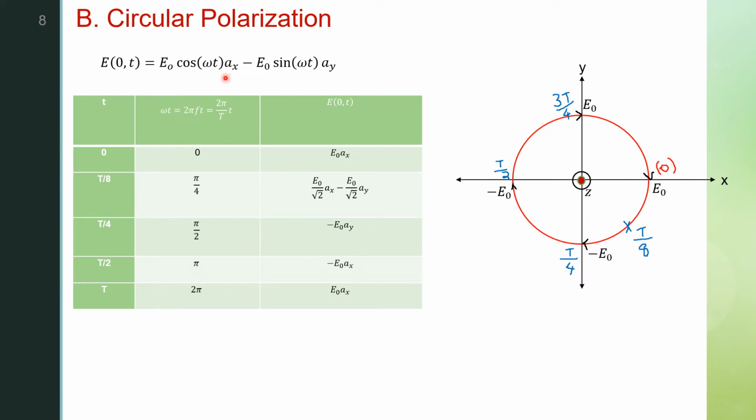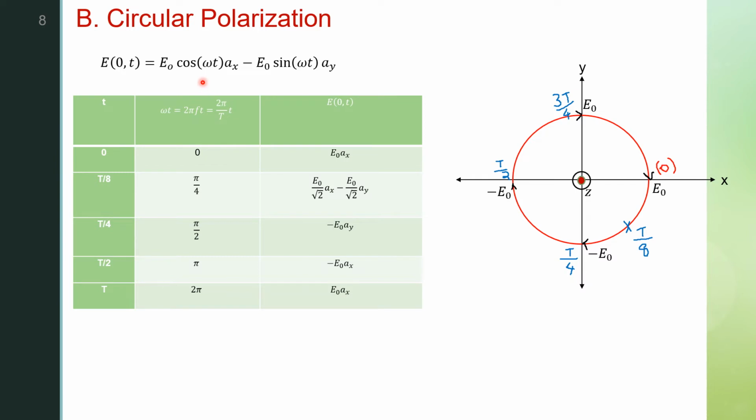So let's verify whether the tip of this electric field vector actually defines a circular shape. Let's consider the case E of 0 comma t is equal to E0 cos omega t Ax minus E0 sine omega t Ay cap. Just as we did for the linear polarization case, here also we are going to consider different time instants ranging from 0 to the time period. When t is equal to 0, omega t is 0.